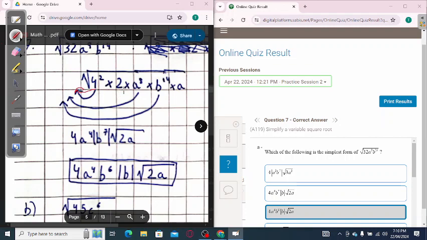Now you keep this 2 because it is just 2 to the power of 1, you can't really take it out. A to the power of 9 becomes a to the power of 8 multiplied by a, just to simplify. You take out a to the power of 8 and it will become a to the power of 8 over 2, which is 4. So this is your answer right now, 4a to the power of 4.